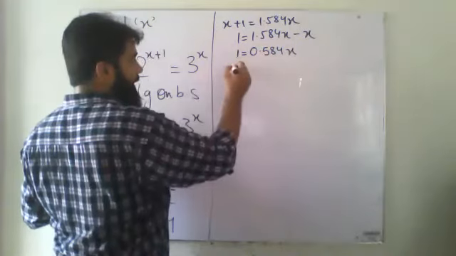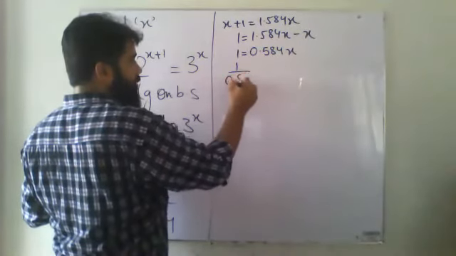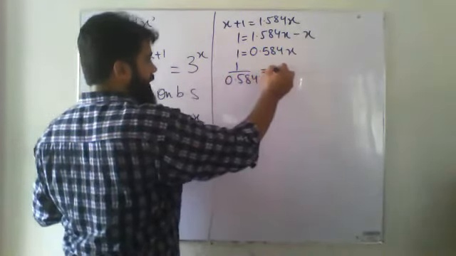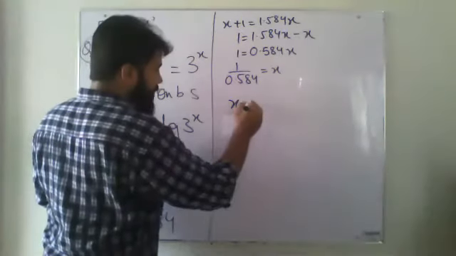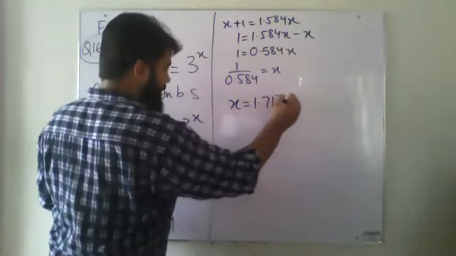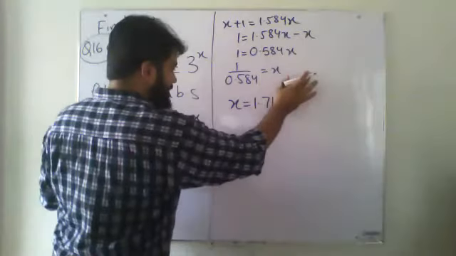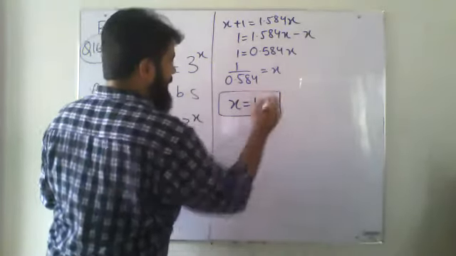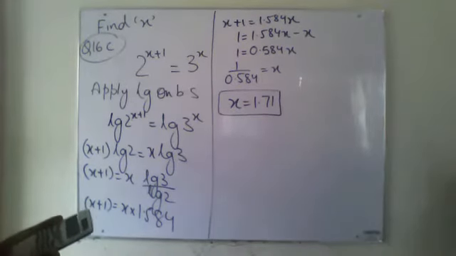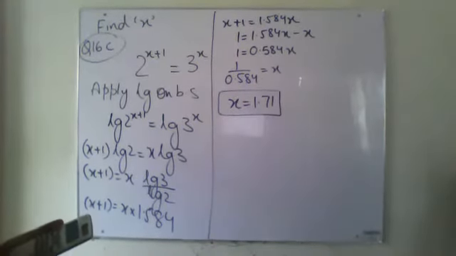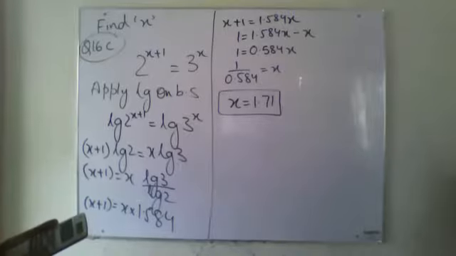In order to find x, 1 over 0.584 equals to x, and 1 divided by 0.584, the answer is coming x equals to 1.71. That's my final answer, and that was the answer which I have got from the previous method also. Okay, this is how we are going to complete this question.